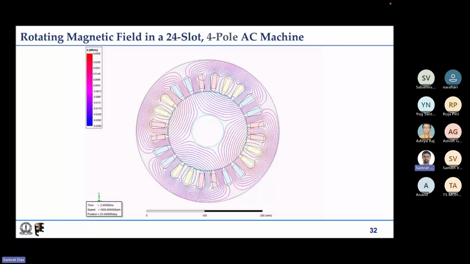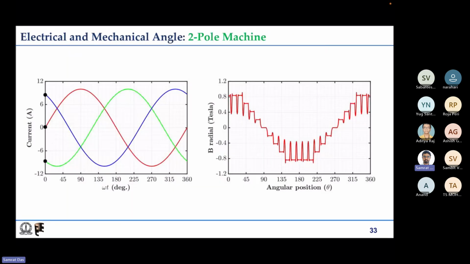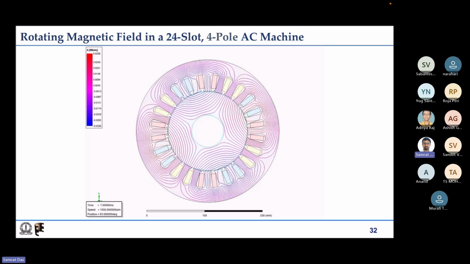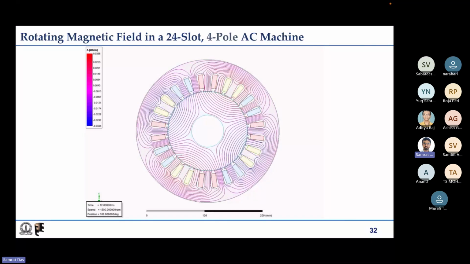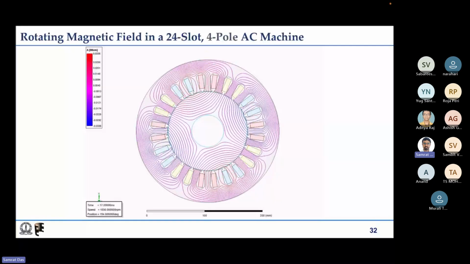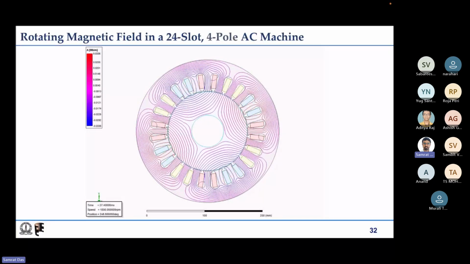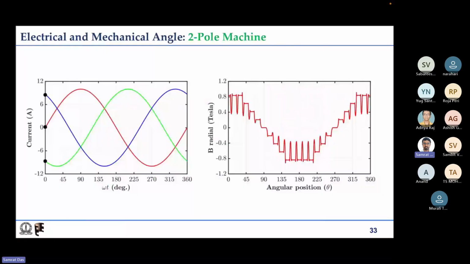We visualized the four pole rotating magnetic field, where you have four axes, which are four poles rotating continuously with time. Then we also understood the difference between electrical and mechanical angles.